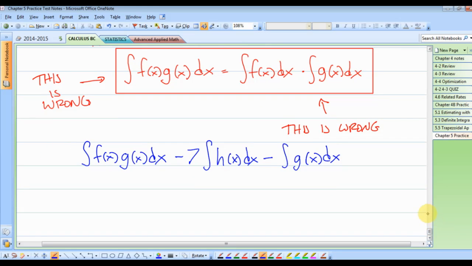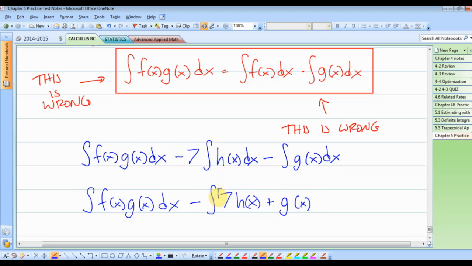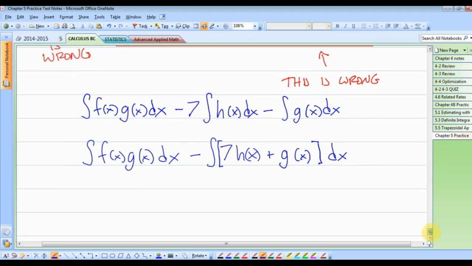Heck, you could even, well, you can even just separate the last two functions. Heck, you can even do that. Okay? That's fine. Heck, you could even factor out a 7.